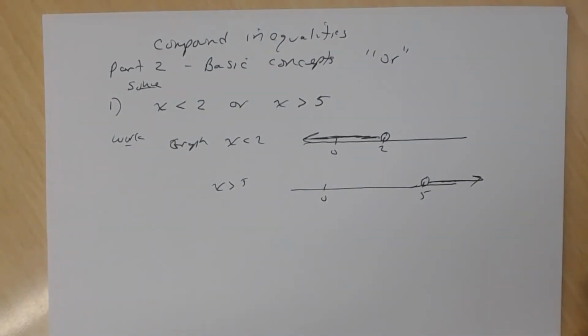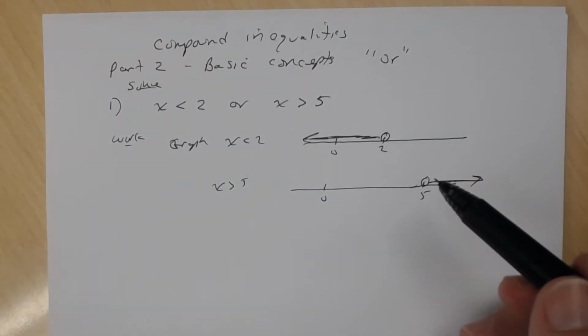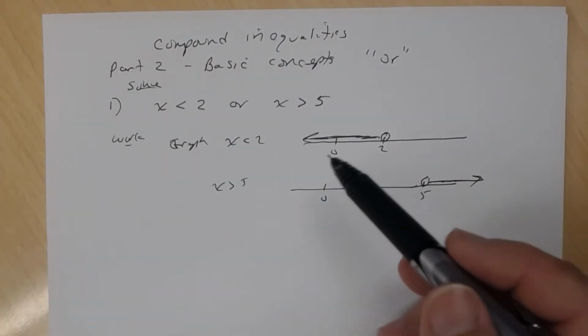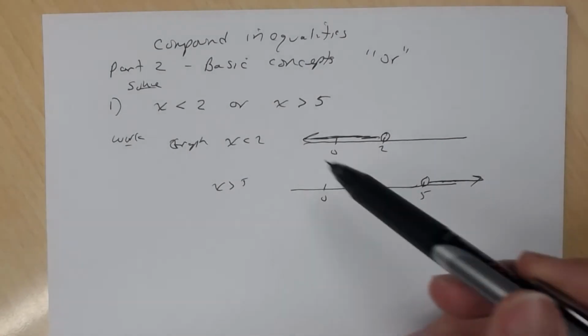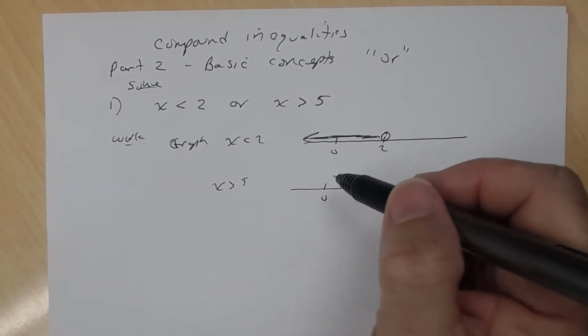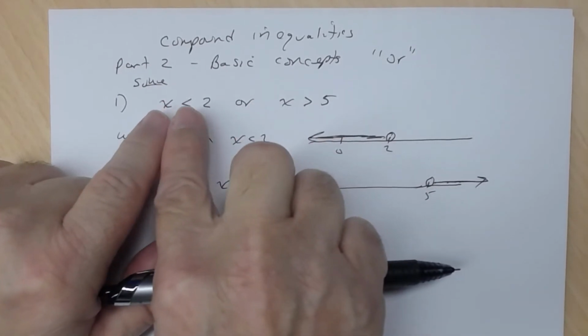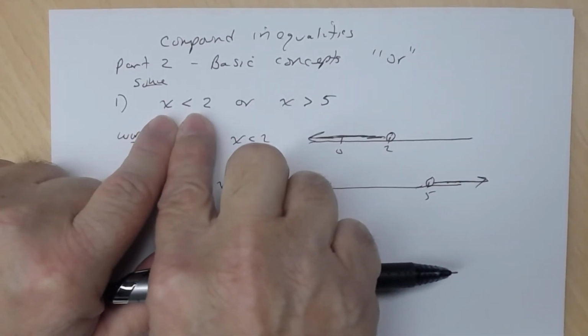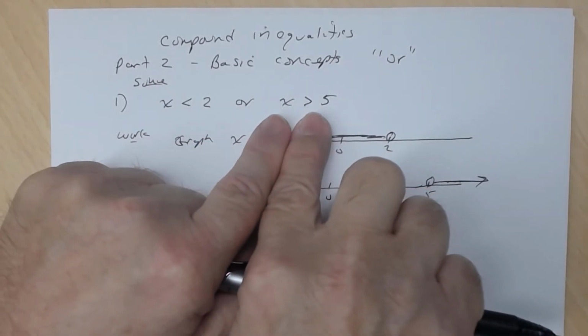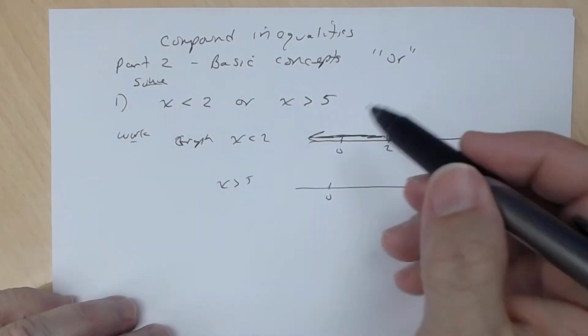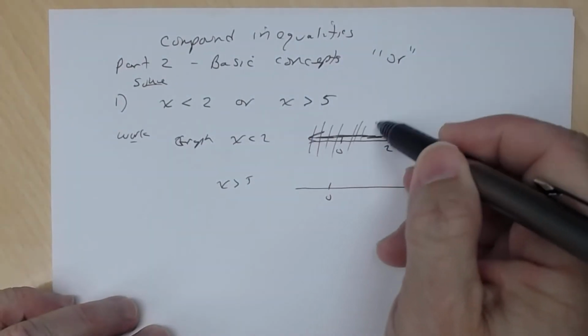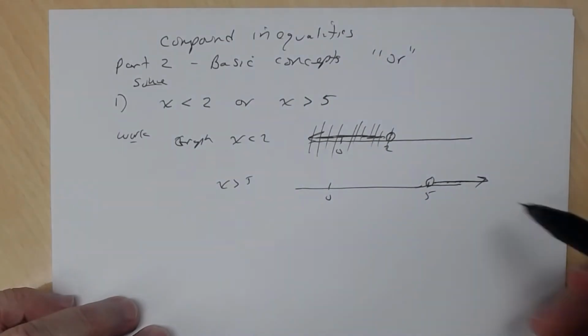Now we're talking about an "or" statement. The solution would be any real number that's less than 2. Listen to what it said: the solution to this compound inequality would be any real number less than 2 or any real number greater than 5. What that means is that anything shaded is a solution.